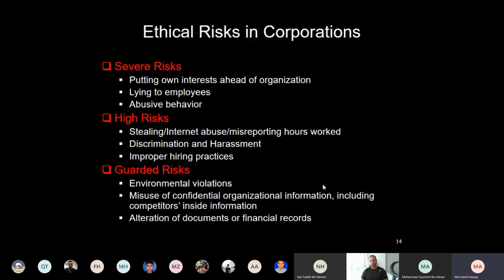So now we go into ethical risk in corporations. Ethical risk can be put into three categories. The first one is severe risk.